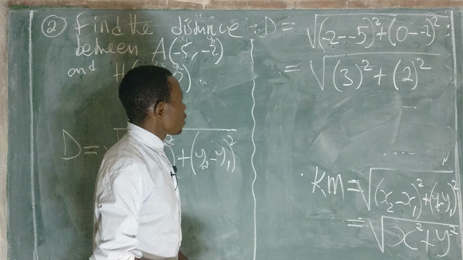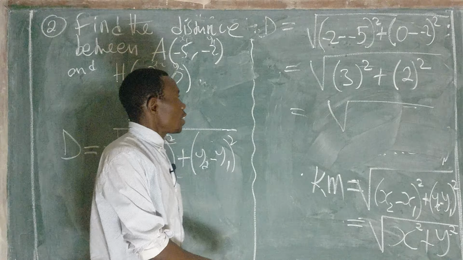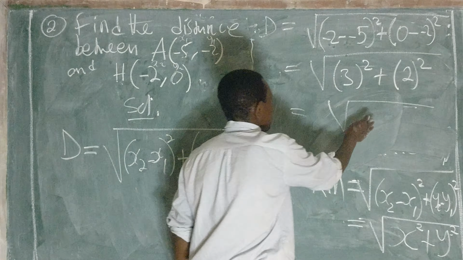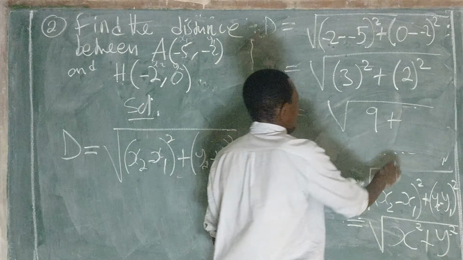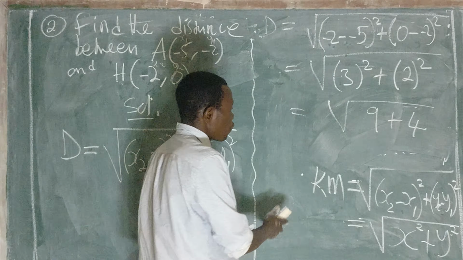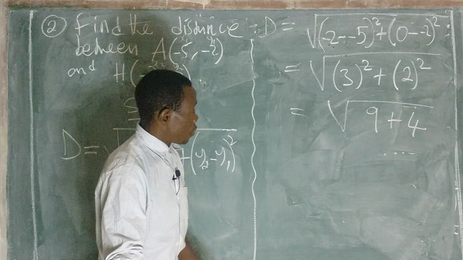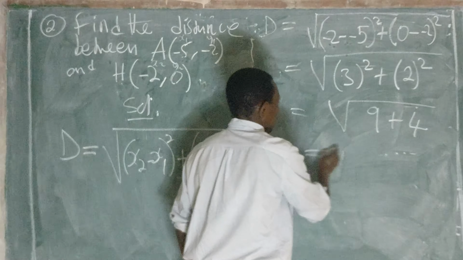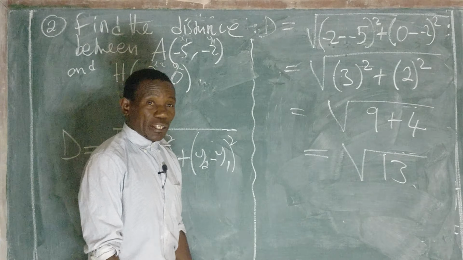So in this case, what shall we have? We have the square root of 3 squared, that is 9, plus 2 squared, that gives us 4. If I take the sum of 9 and 4, what I'll yield is 13. So here I'll have the square root of 13. Right.